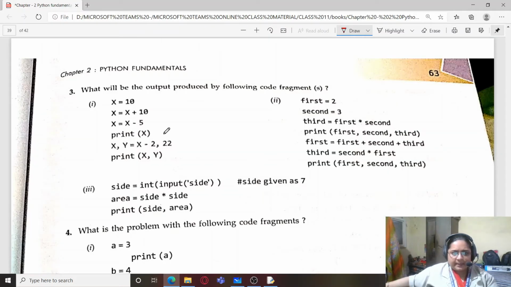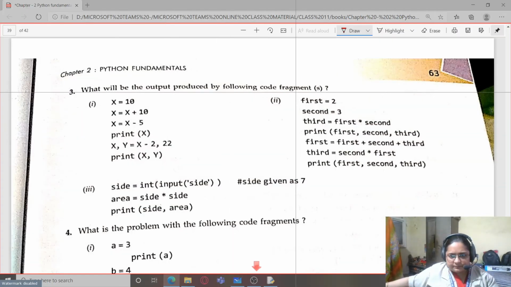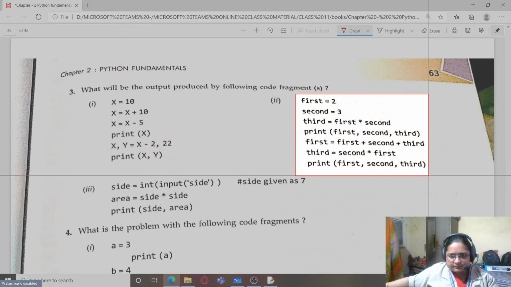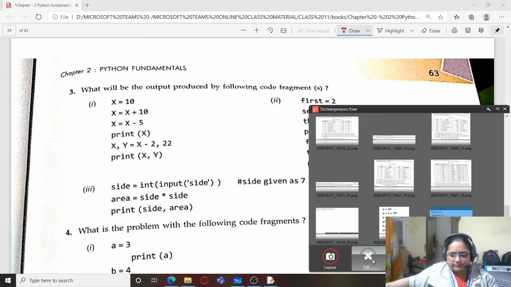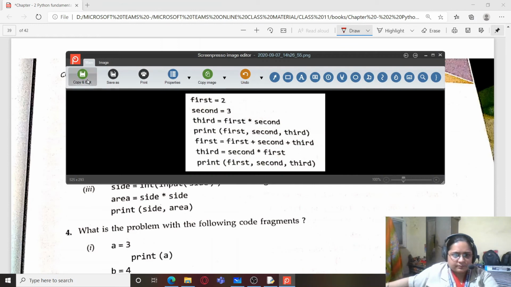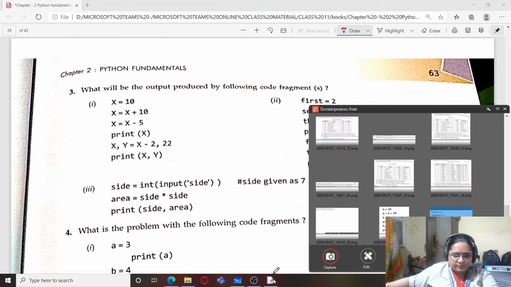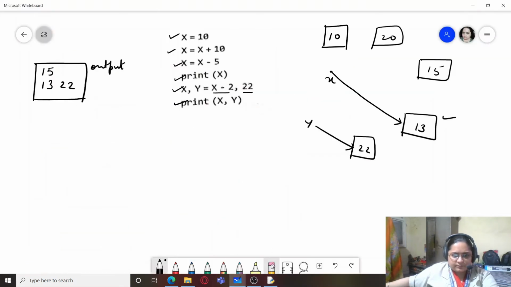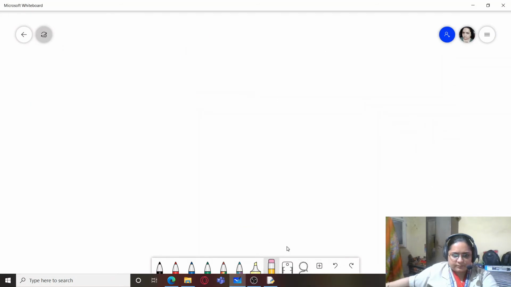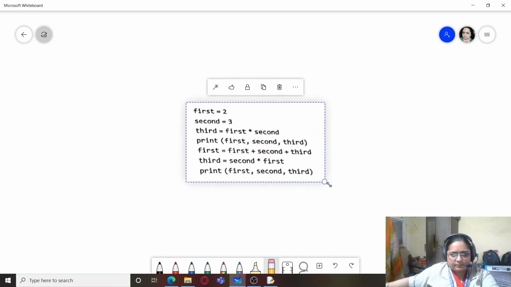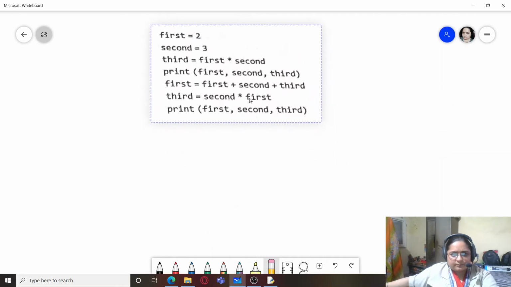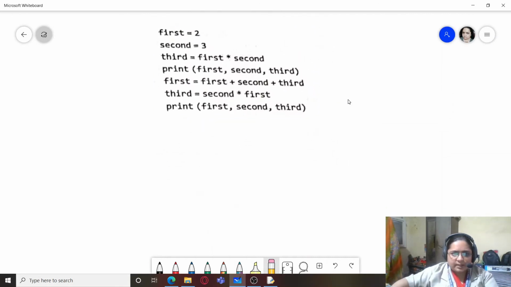Next is this question here. So we are here. So now next is first equals 2.